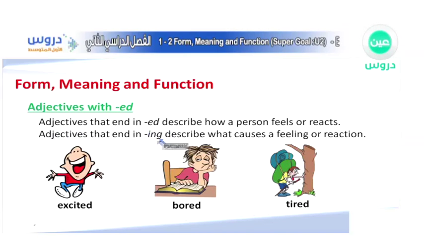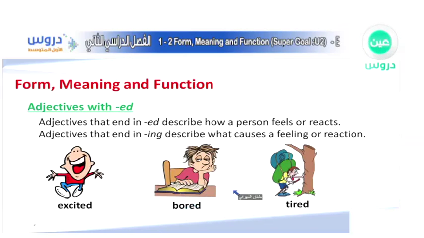Adjectives that end in ing describe what causes a feeling or reaction. So we can say exciting. This boy is exciting. So he makes us excited, okay? We are excited for him. Bored, we can say boring. This boy is boring.